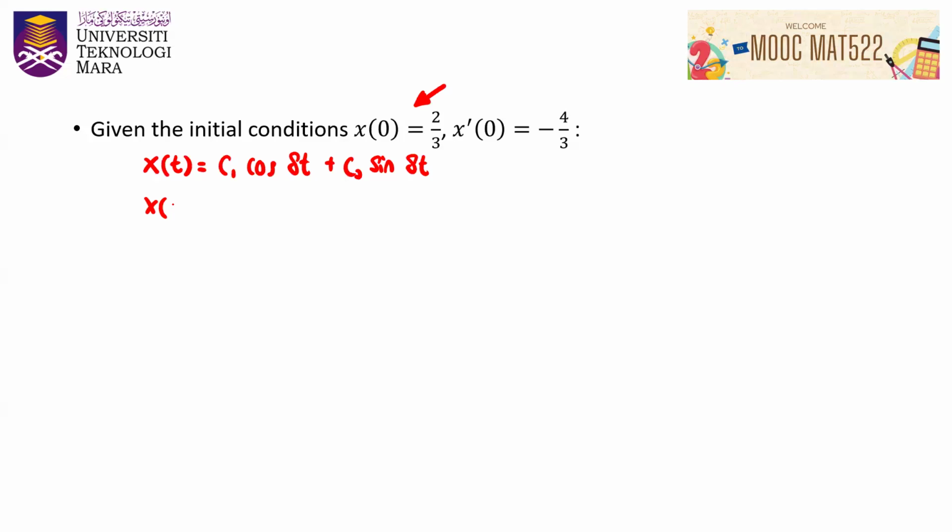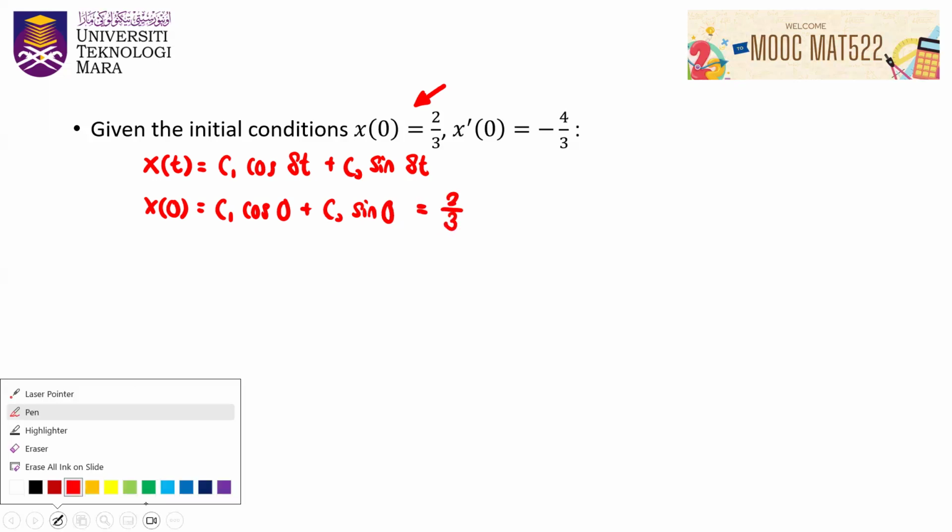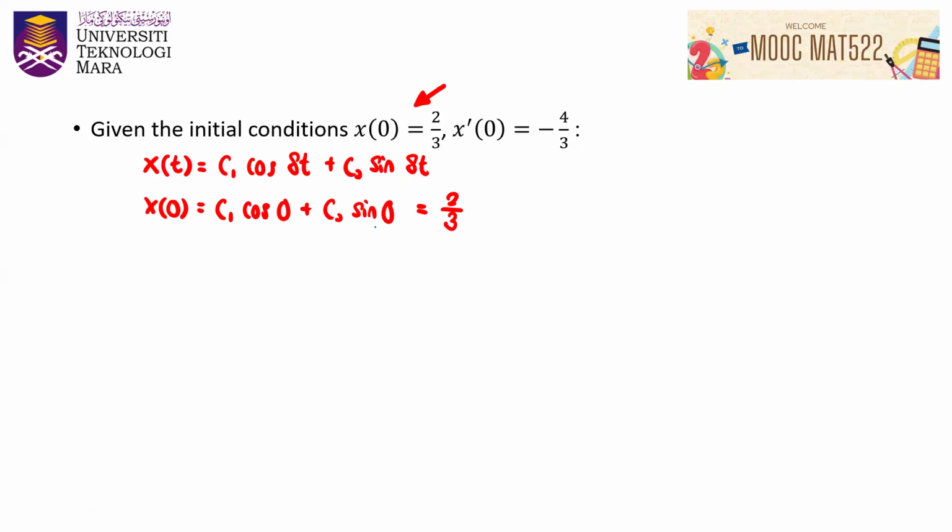That is, x(0) = c1 cos 0 + c2 sin 0, which equals 2/3. From this calculation, sin 0 gives us the value 0 and cos 0 equals 1. Simplifying it, we immediately have the value for c1 to be 2/3.